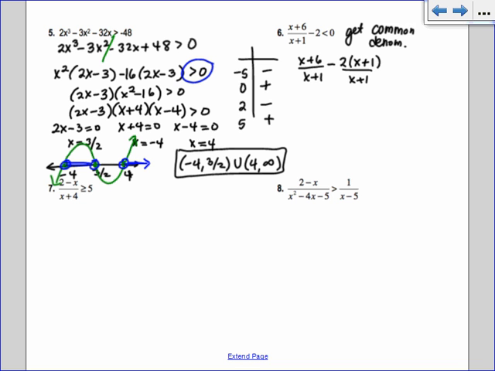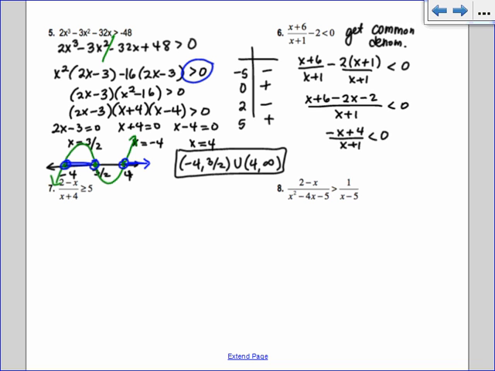I didn't change the 2; I multiplied by the same thing on the top and the bottom. So I get (x + 6 - 2x - 2)/(x + 1) < 0. So I get (-x + 4)/(x + 1) < 0.